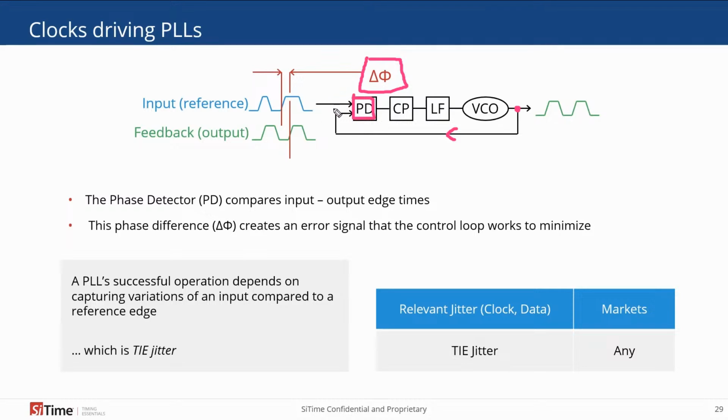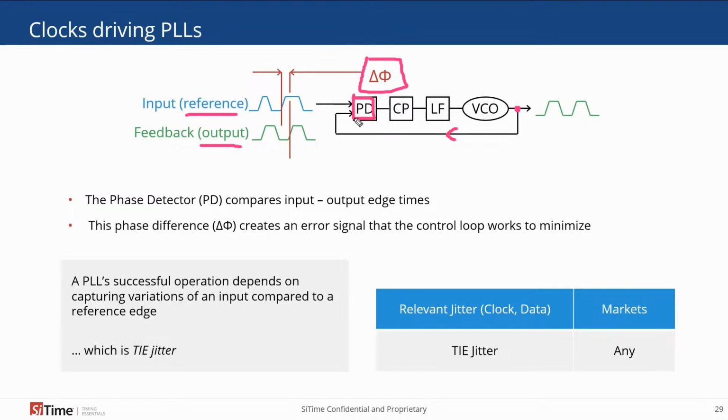Now, if you look at this from the phase detector's point of view, it has two inputs and it's looking at one input with respect to another input and creating this delta phi. That actually, when you think about it, is our definition of time interval error jitter, because the input serves as the reference and the output serves as the observed waveform. And we're looking at the rising edge of the observed waveform with respect to the input reference edge.